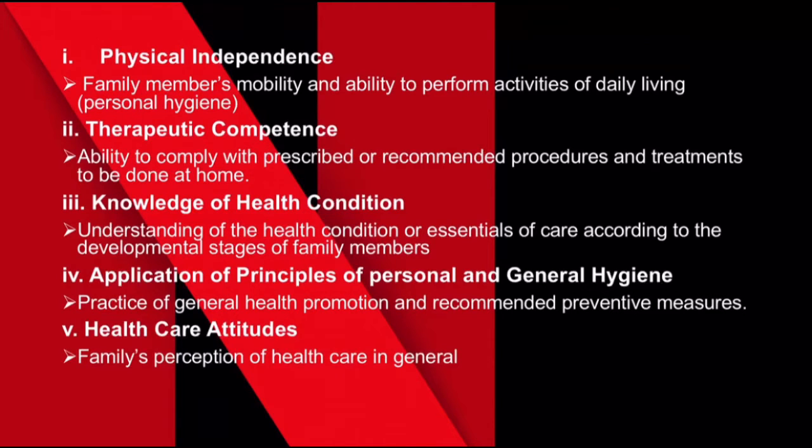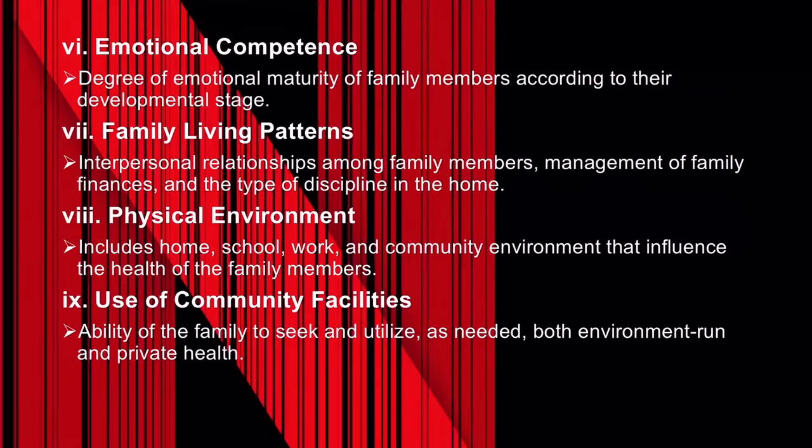The fifth area is healthcare attitudes. It is the family's perception of healthcare in general, meaning what the family's perception is of nursing and health. The sixth area is emotional competence.